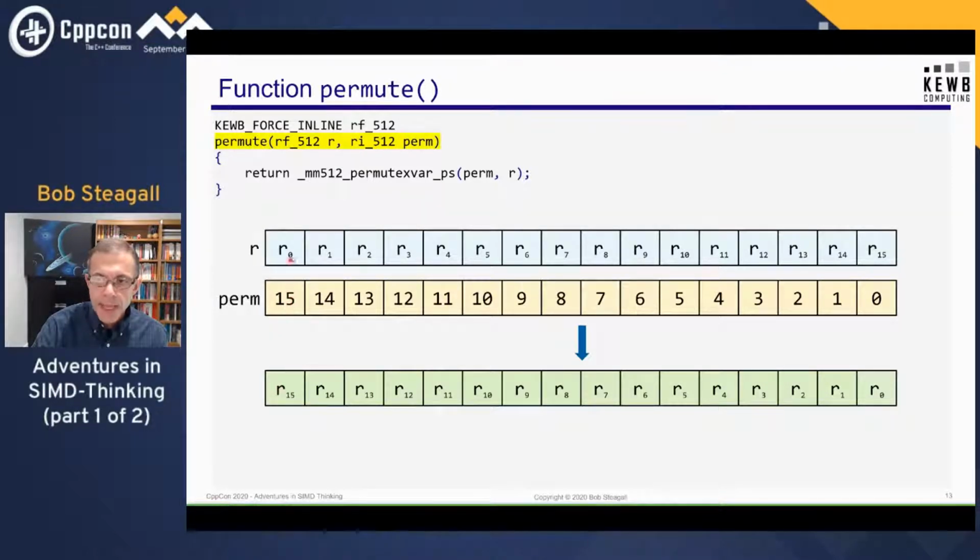So for example, at the 0th index, I'm indicating that I want the value from the 15th index to be returned in the 0th index in the result. And so you can see that by having a permutation sequence which decreases from 15 to 0 and applying that permutation, as an example, I have reversed the order of elements in the register.